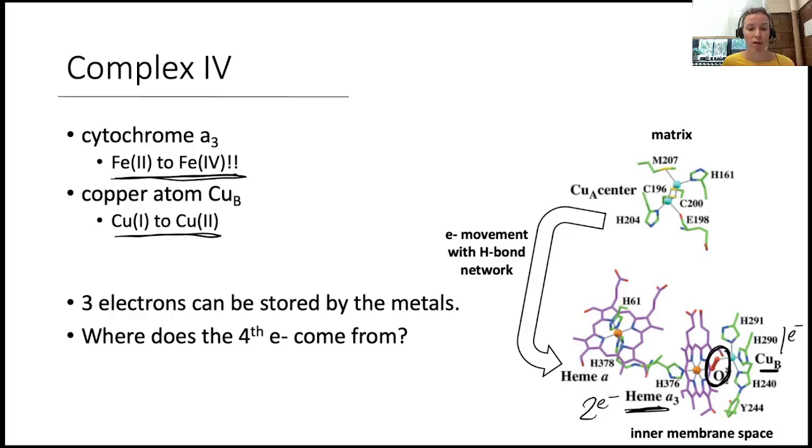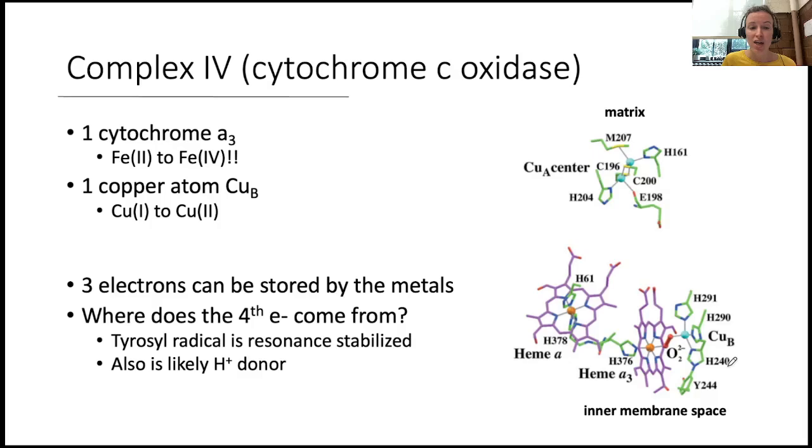We need a 4th electron, folks, but you see we've kind of maxed out our capacity at the 2 redox centers surrounding the water. So interestingly, this last electron is stored at this tyrosine radical. So 1 electron is here.